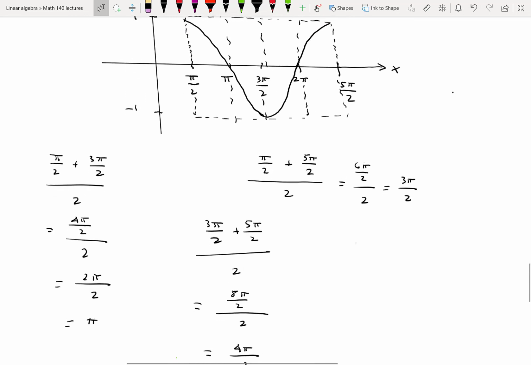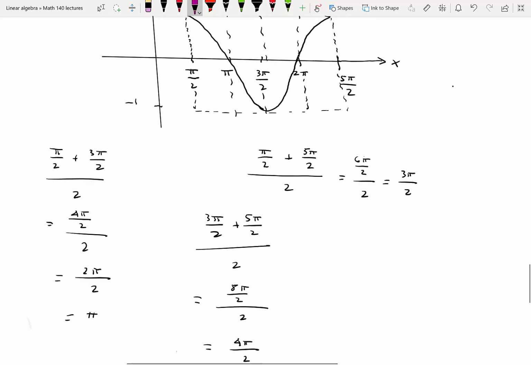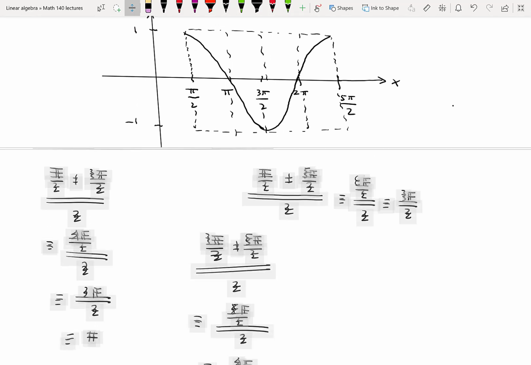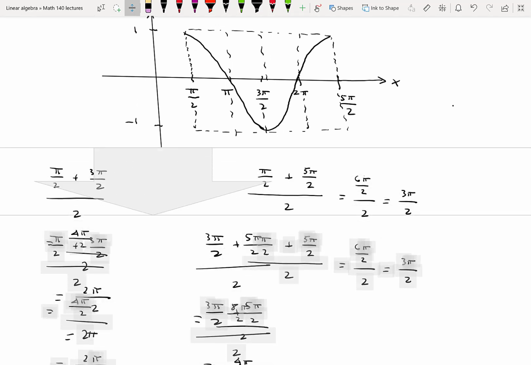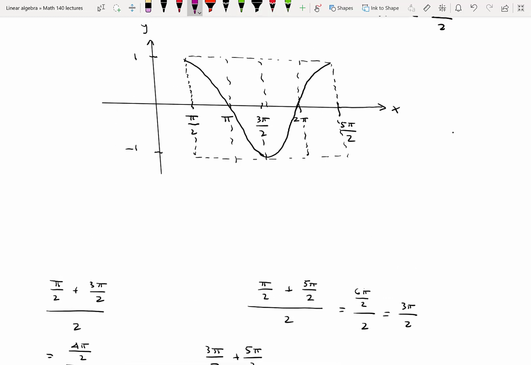So I'm going back to the previous problem, and I'm going to insert in red or purple here. For this graph that we just did, we have something called a phase shift.